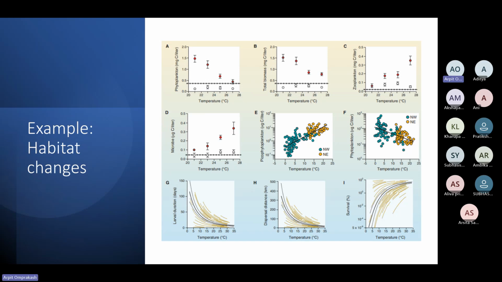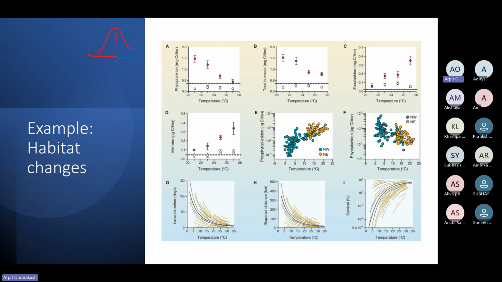So what do we see? For a number of different organisms, for phytoplankton, as the temperature increases, the density of phytoplankton decreases. Every organism has its own optimal temperature at which it functions, right?